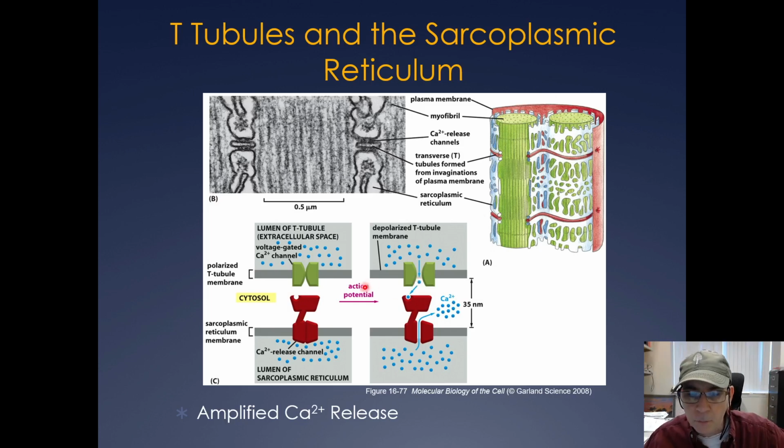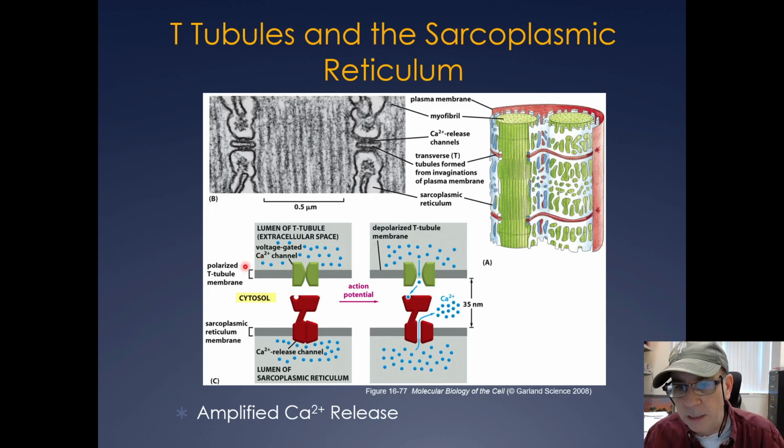And then the released calcium binds to a calcium-gated calcium channel on the sarcoplasmic reticulum. And that causes the calcium-gated calcium channel to open up, and then there's a release of calcium, which can then allow a muscle contraction. Okay, so basically what you have here is an amplified release of calcium.